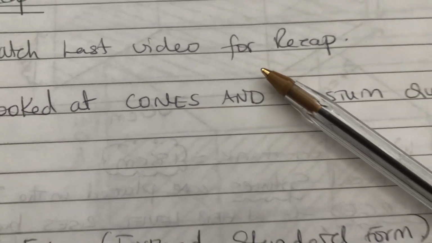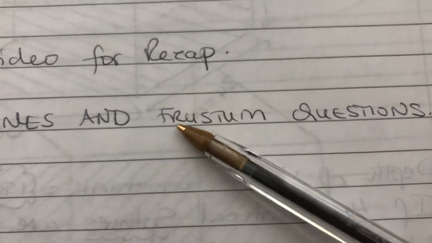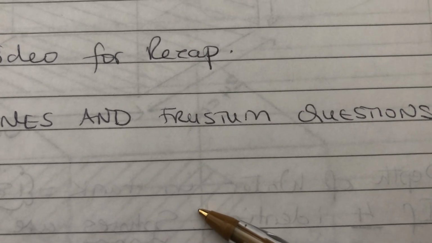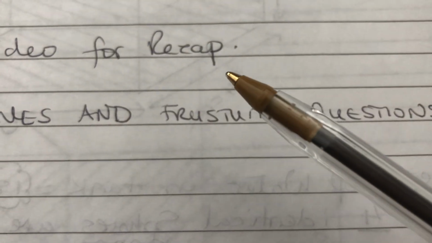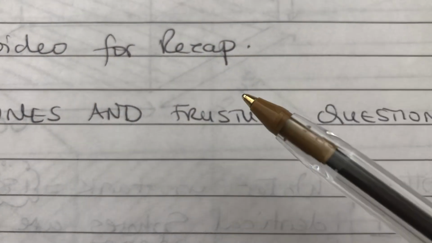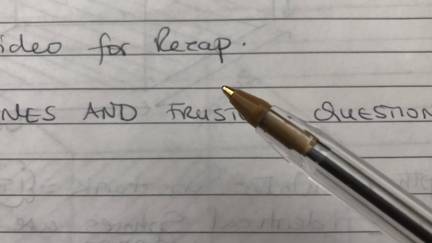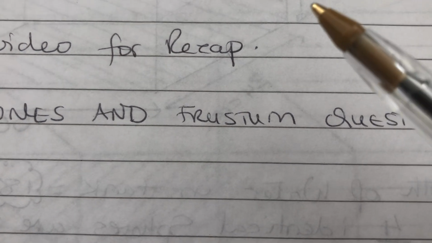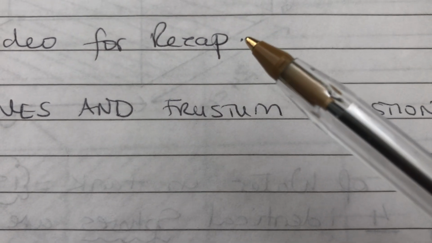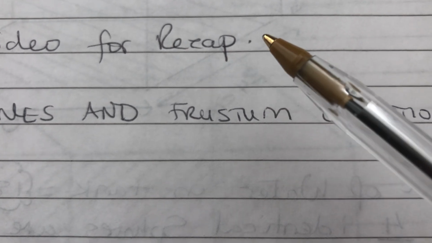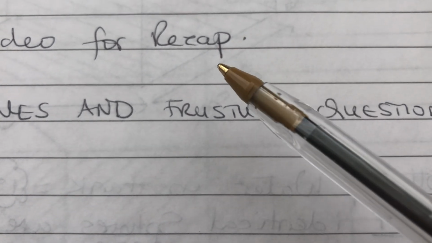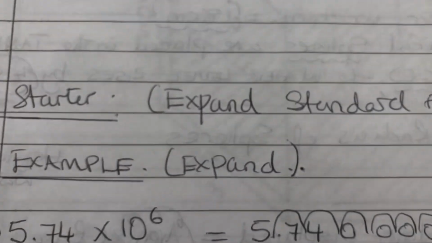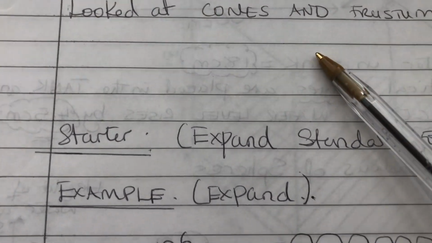I showed you that you find the volume of the large cone and the volume of the smaller cone, and then you subtract, and whatever is left is the volume of the frustum, because at your level we don't have any formula to give you, but that is the only way you can answer that question. So watch the last video for the recap. It will help you.